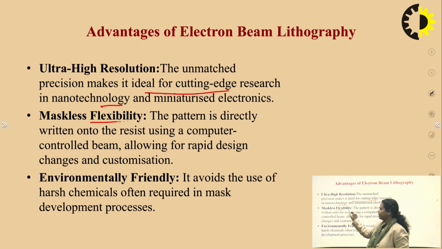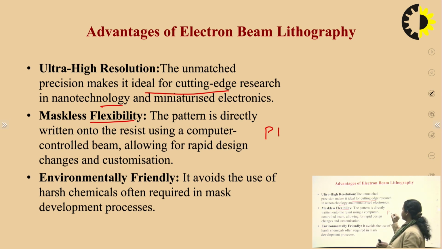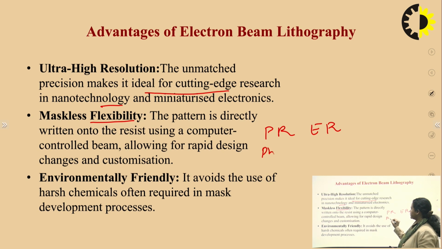Maskless flexibility, because here we are not using any kind of mask as we were using in optical lithography. This is the difference: there we were using photoresist and photomasks, but here we are using electron resist, and there is no photomask; we are transferring the pattern directly.